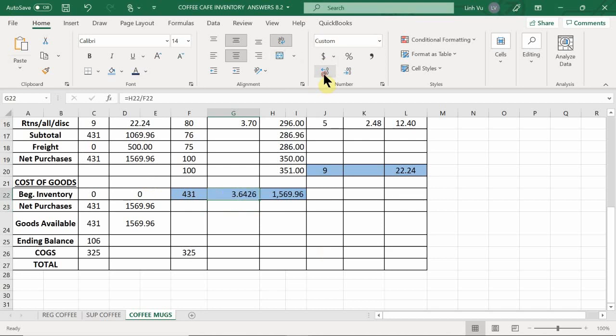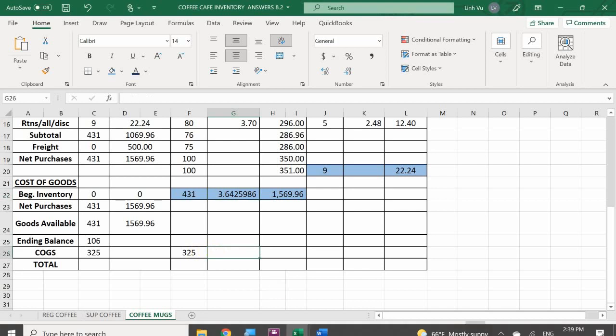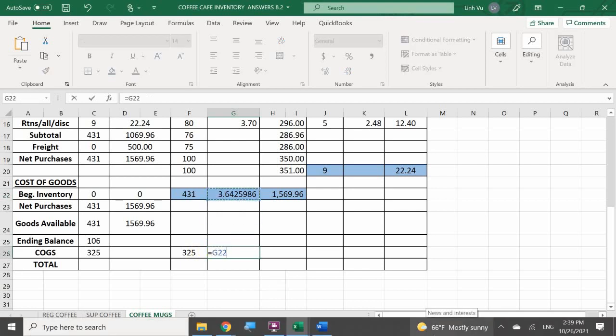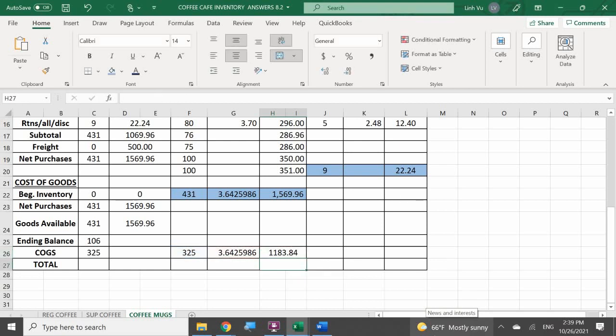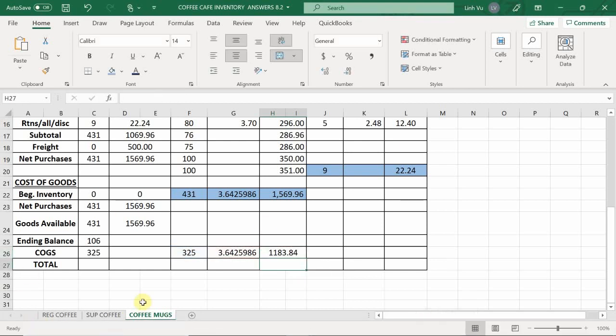But in this case, we're going to expand this out, so it's going to be the long number, 3.64205986. So we have 1,183.84 for the cost of goods sold.